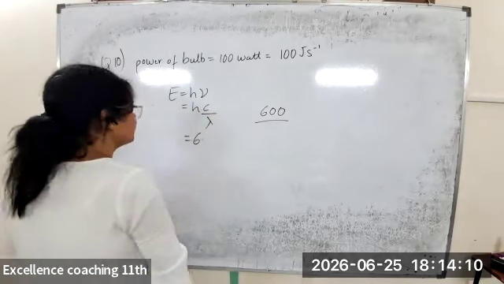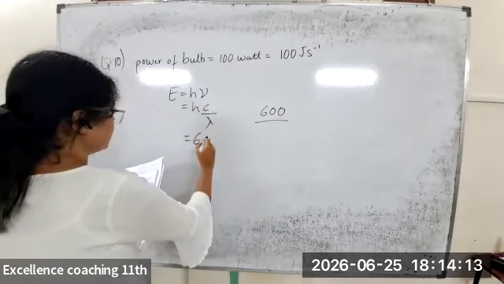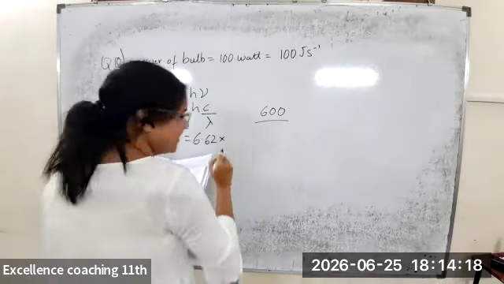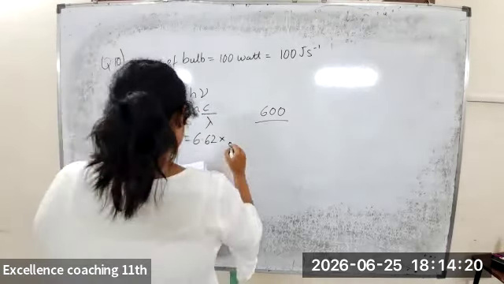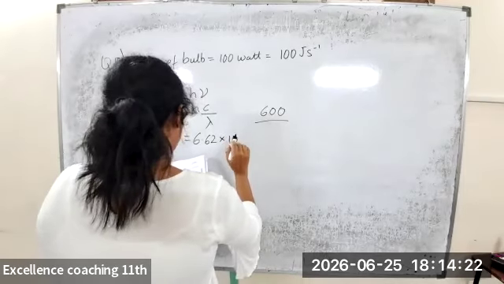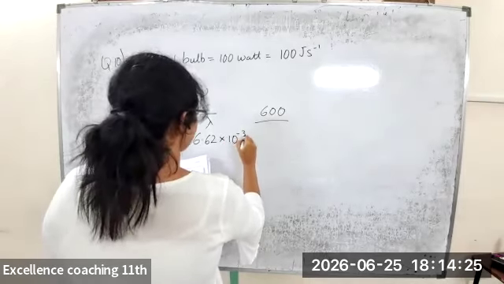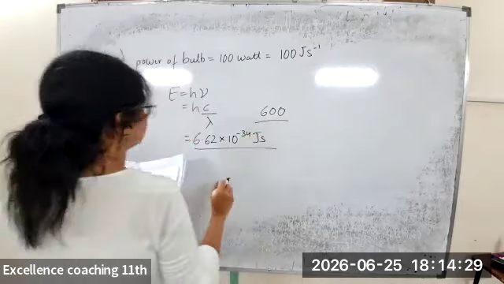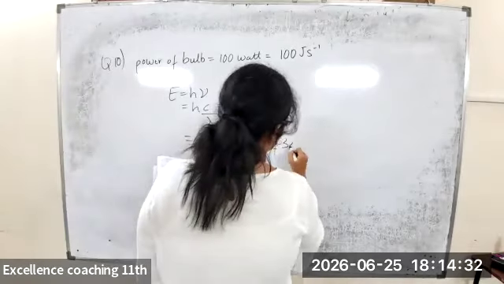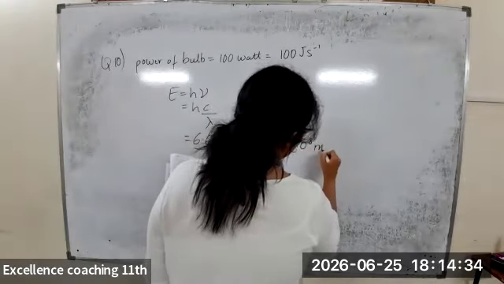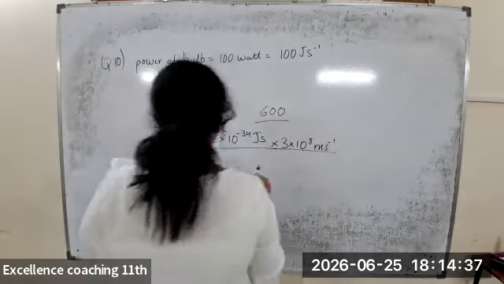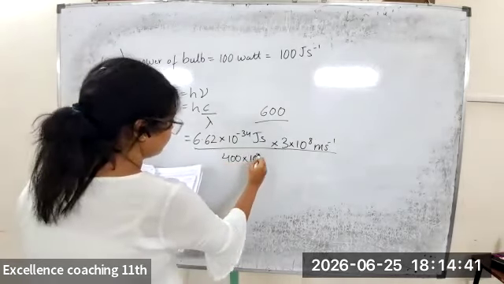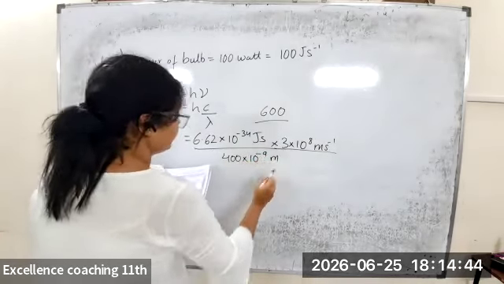So it will be 6.62 into 10 raised to minus 34 joule second into 3 into 10 raised to 8 meter second inverse, upon 400 into 10 raised to minus 9 meters.